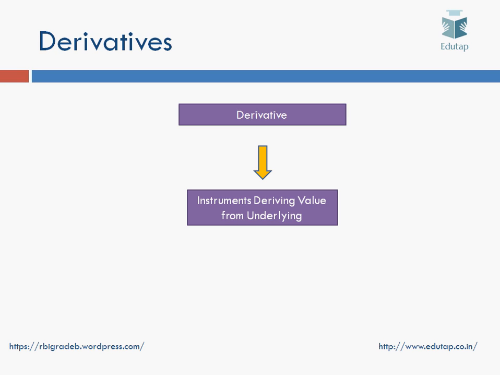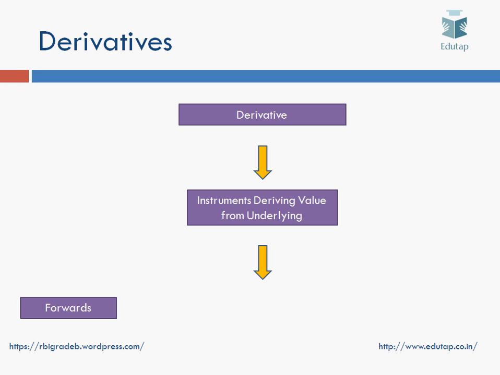Since forwards also derive their value from the underlying, either from the commodity, like in our example it was onion, or from the stocks which were underlying in the second example, forwards are also types of derivatives. So derivatives is a superset and forward is a subset. So forward is one type of derivative.